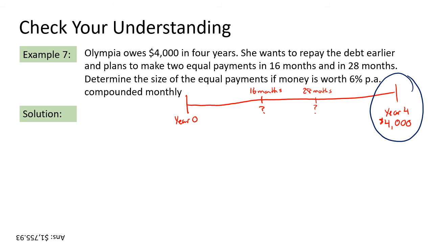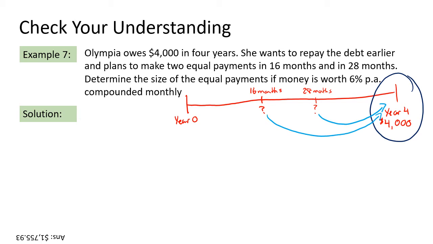So that means that we have to find the future value of our 2 payments so that it's equivalent to $4,000, or the amount that she would be due in 4 years. Okay, so just like we've done, except in the previous question, we worked back and did a present value calculation. In this instance, we're doing it as a future value.